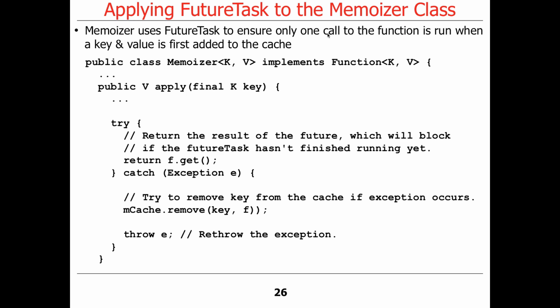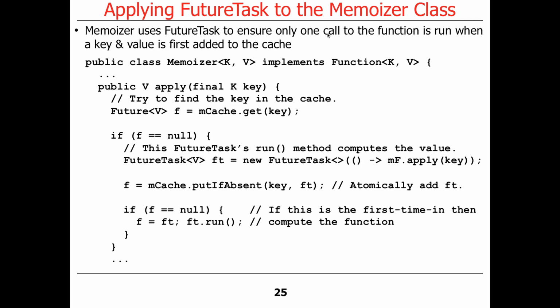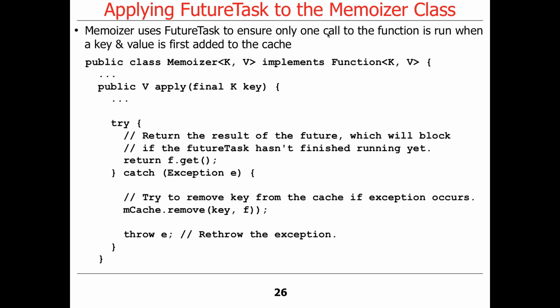If this was the first time in, and two threads came in at the same time, there wasn't a value, one of them is going to go ahead and run the computation, and the other one is not going to run the computation. We want to make sure that the future that this thread gets back, which has already been updated but not finished yet, will allow it to block until the thread that is running the computation finishes running.